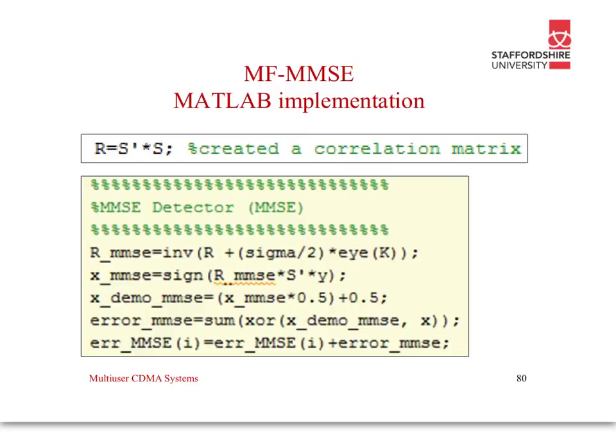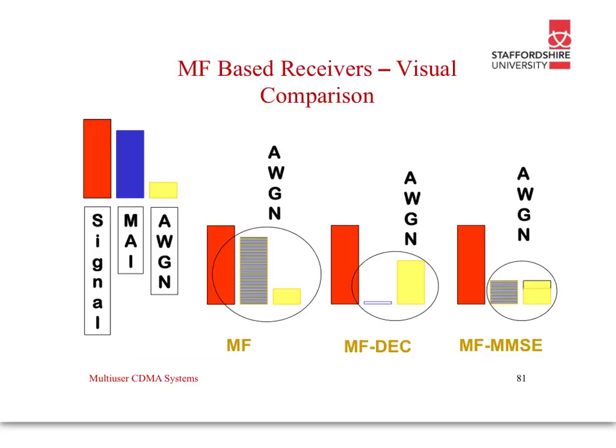This is obviously more complex than the other two, and in your laboratory sessions and your coursework assignment, you will investigate: is that complexity required, and under what conditions? So on a visual comparison of the three that we've talked about, if the red component is our signal, the blue is our multiple access interference, and our additive white Gaussian noise is represented by yellow, then here we have signal slightly higher power than multiple access interference, and low power additive white Gaussian noise.